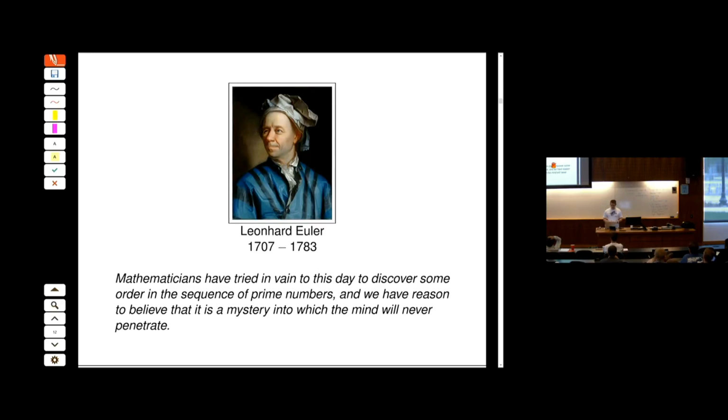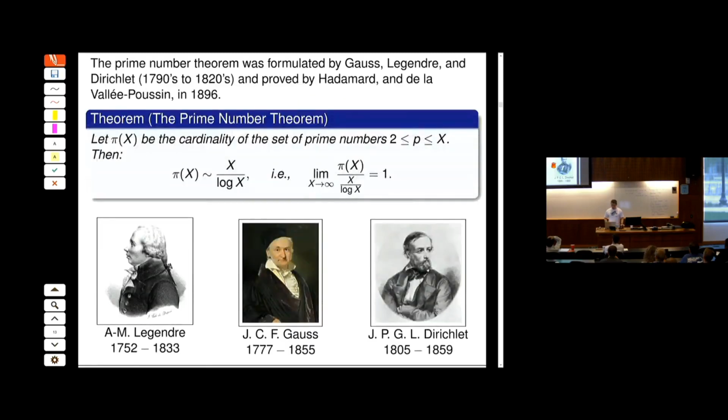And yet, 20 years later, somebody penetrated that mystery, which is the prime number theorem. Gauss, Legendre, and Dirichlet formulated three different versions of what we now know as the prime number theorem.